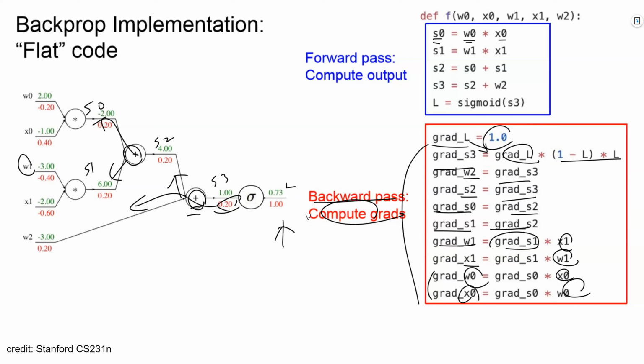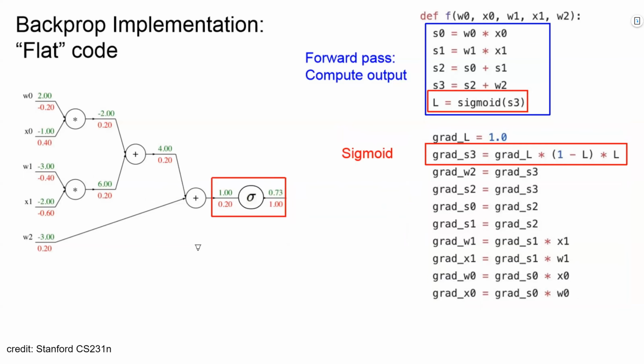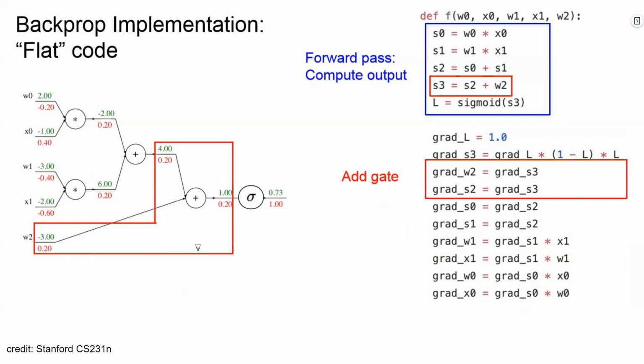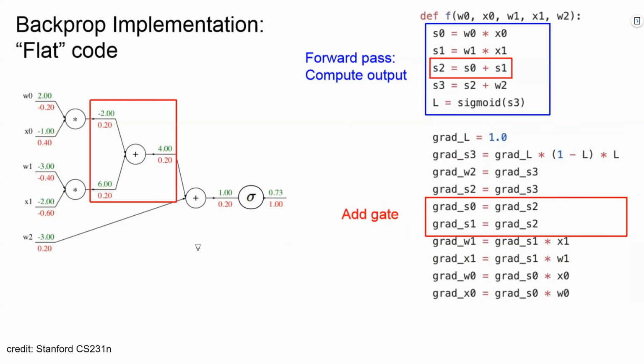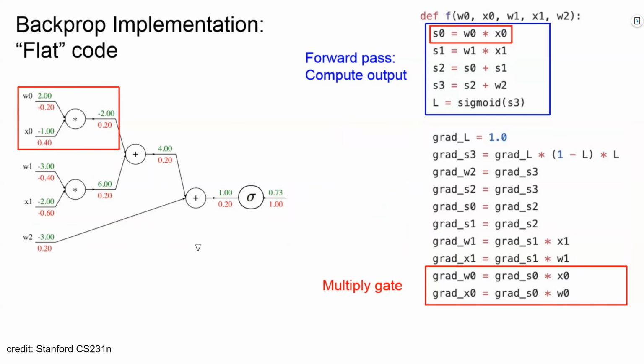This is how we can implement the gradient computation for our sigmoid function graph. So this is the base case. We follow sigmoid, we deal with the ADD gate, and then another ADD gate, and multiply gate like this.